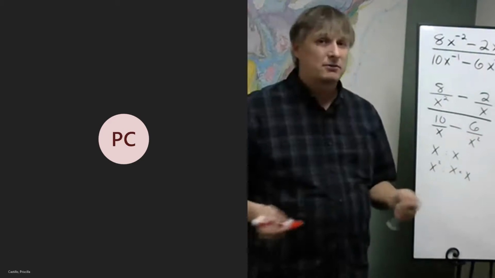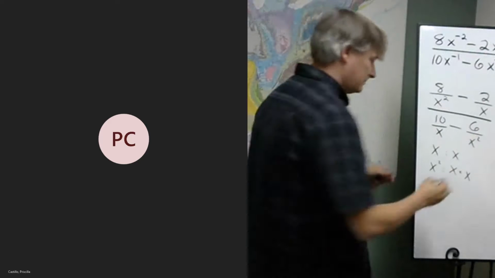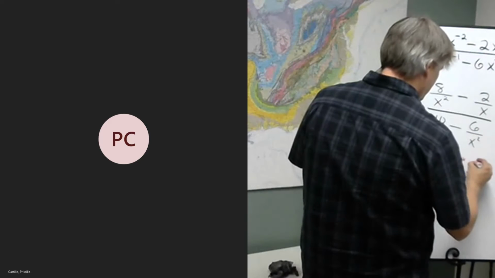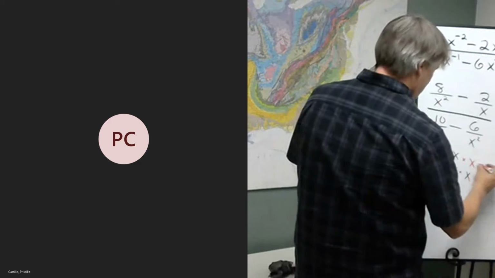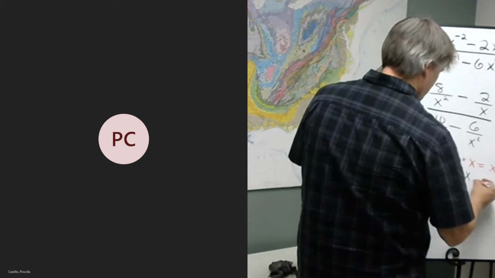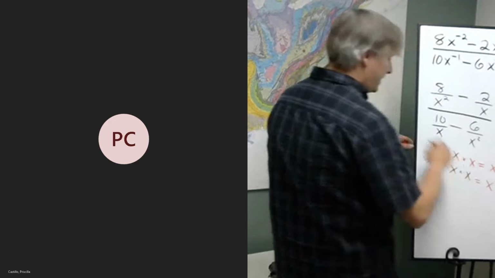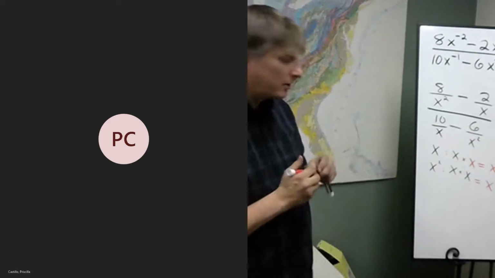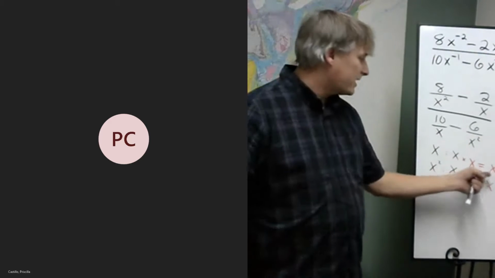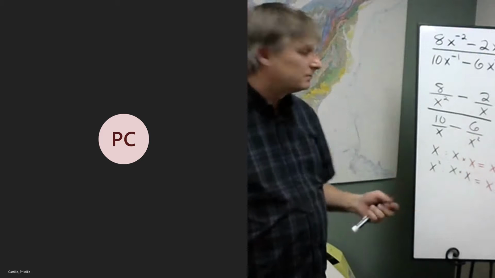So to make the factorizations the same, this tells us we have an LCD. We have to multiply this one by x, to get x squared. So this is our LCD. It's going to be x squared.